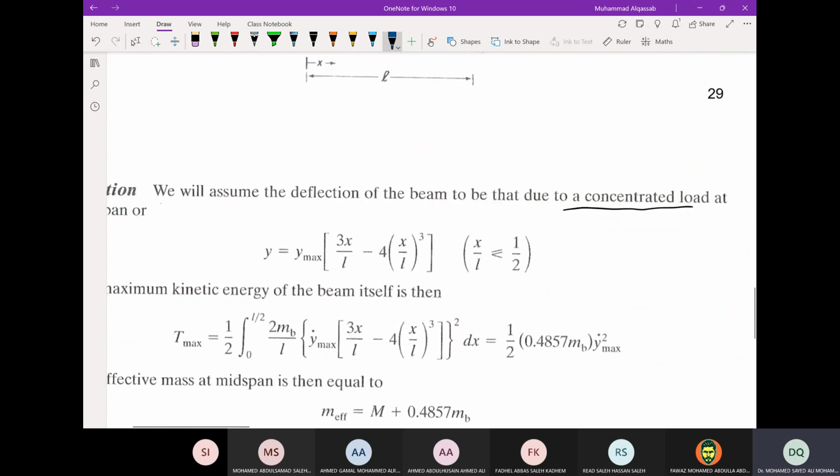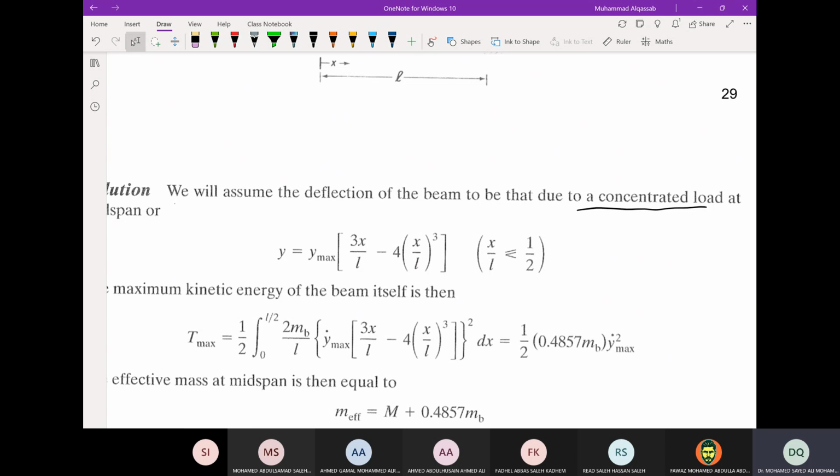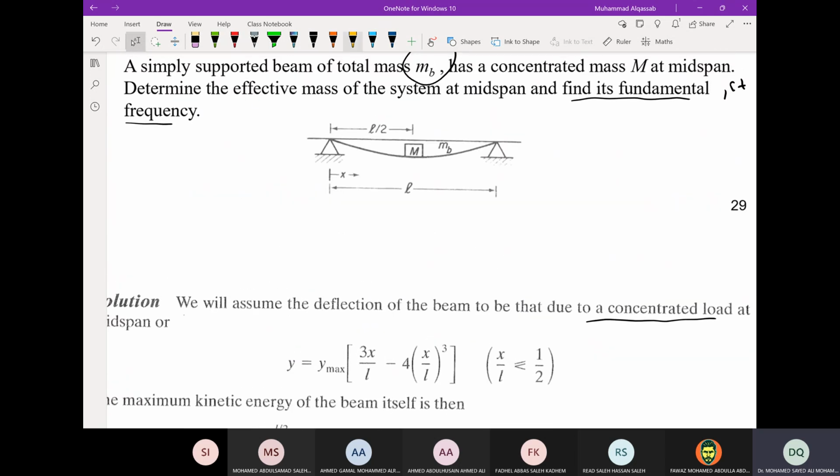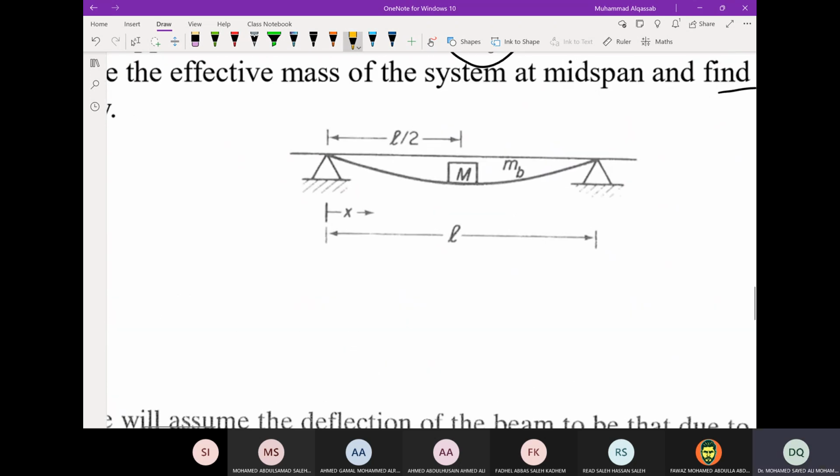So the kinetic energy, as we did with the spring, we will take a small element on the beam at x. This is dx, and this is deflection y. So the mass of the beam, and the beam is assumed to be uniform beam with mass mb, and of course it is elastic.